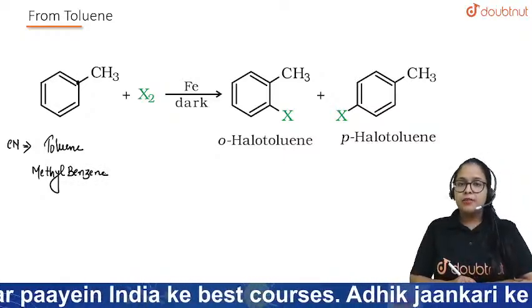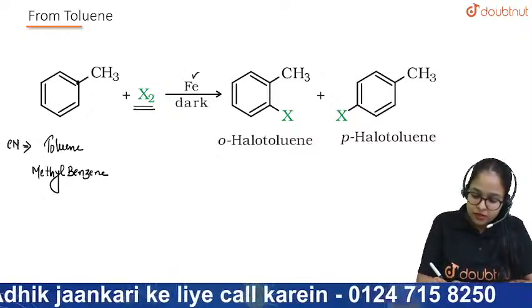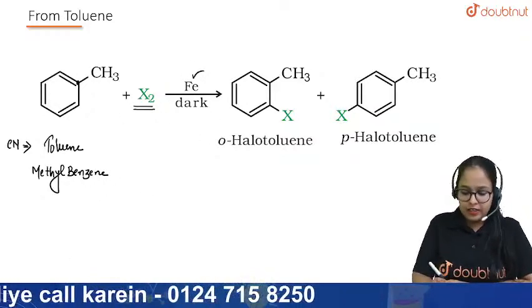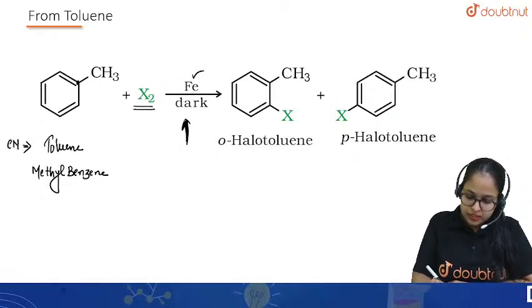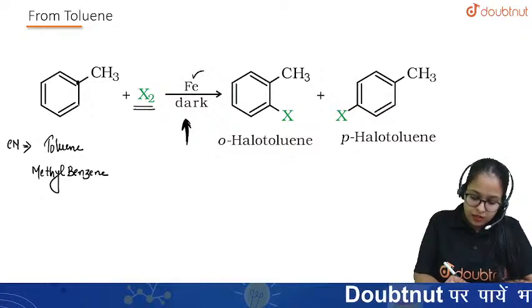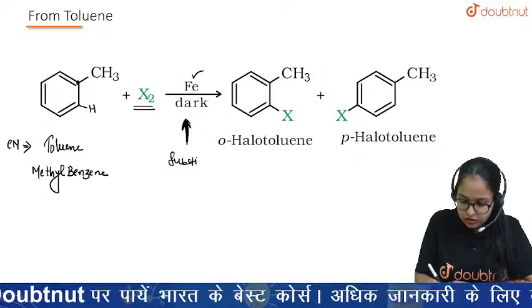Whenever you react methyl benzene or toluene with X2 in the presence of iron in the dark, it is not an addition reaction. One of the hydrogens is substituted with X. This is a substitution reaction.